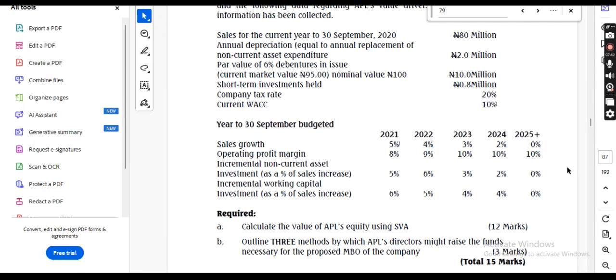What you just need to do is prepare a free cash flow to the firm. You have the market value, then you deduct the element of debt. So once you deduct the element of debt, you have the equity.